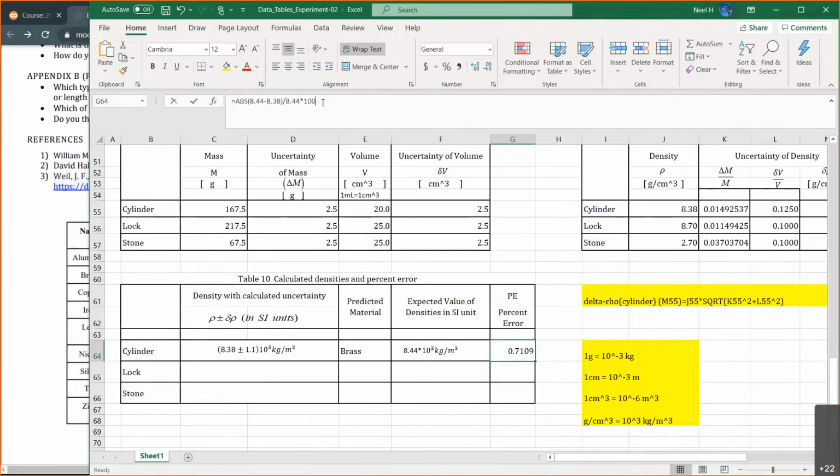Now let me copy paste that function too. Let me write here, that is the PE equation which I did for cell number G66. Okay, let me write down that cell number also here. Cell number G66.